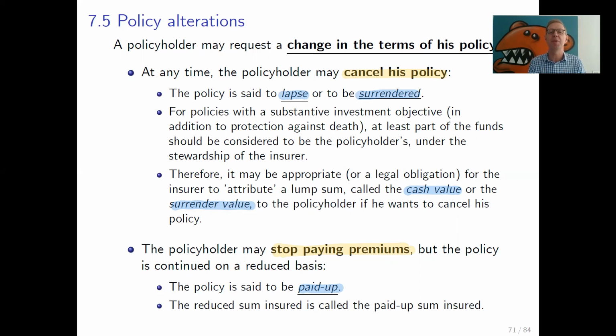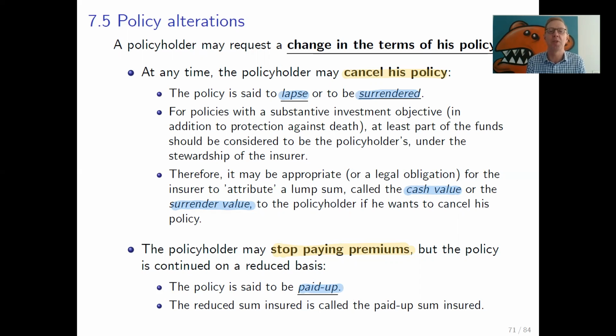Well, if the policyholder at a certain moment wants to stop the policy, in some sense, in the past, premiums have been paid to fund that investment objective of 500,000 upon survival. An insurer cannot just say, okay, you stop the contract, all the policy value, all the extra premiums that we used to set up this 500,000 when you survive until the end, this is all lost.